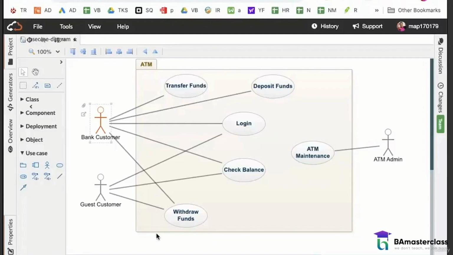And the next thing we want to learn is an actor can be a human or an actor can be a system.